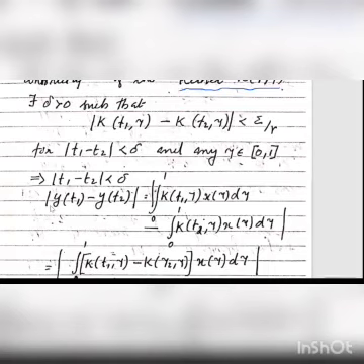Again you can use the integral notation and combine these two integrals, that is the integral from 0 to 1 of k(t1, τ) minus k(t2, τ) times x(τ) dτ. Now this value we have already assumed is less than epsilon by r, so epsilon by r is taken out. Now what remains is the integral from 0 to 1 of modulus of x(τ) dτ, which we have assumed to be r. So we are getting epsilon by r into r, that's equal to epsilon.